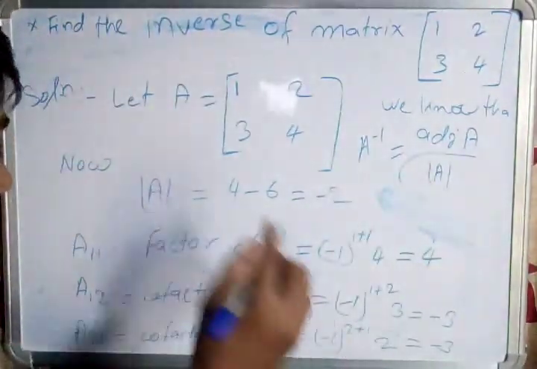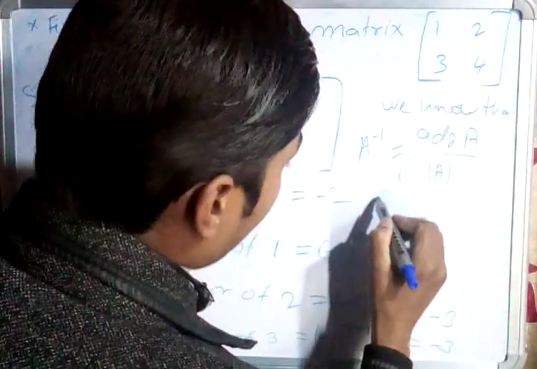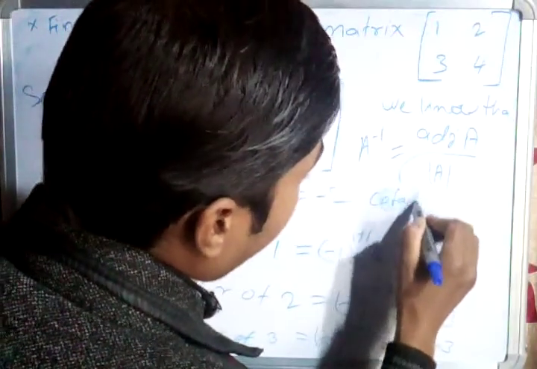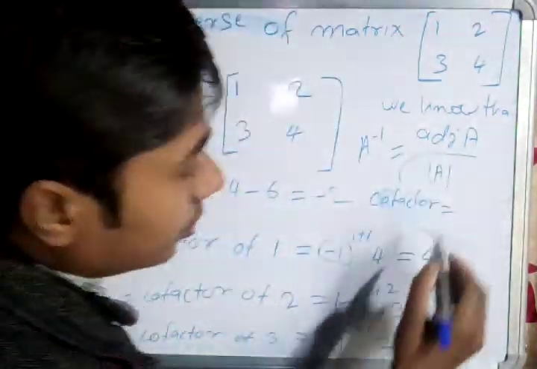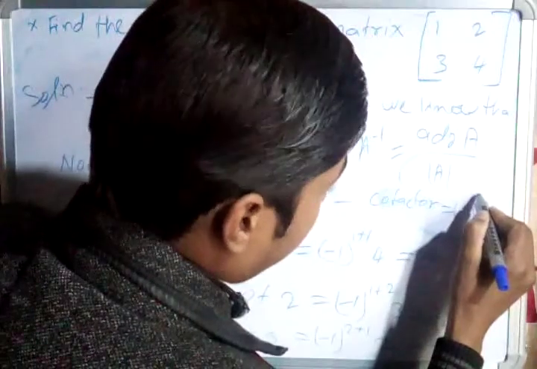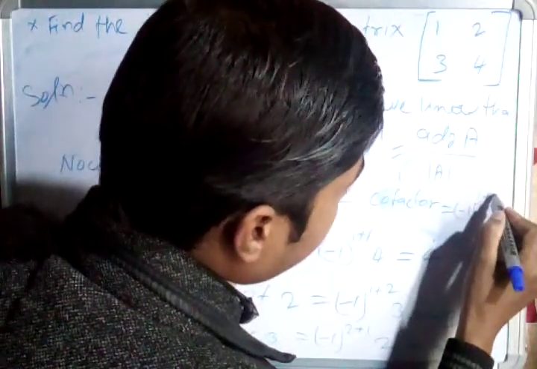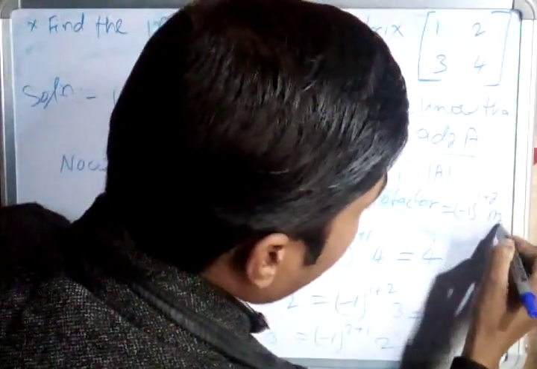The cofactor is equal to (-1) to the power i plus j, into Mij.